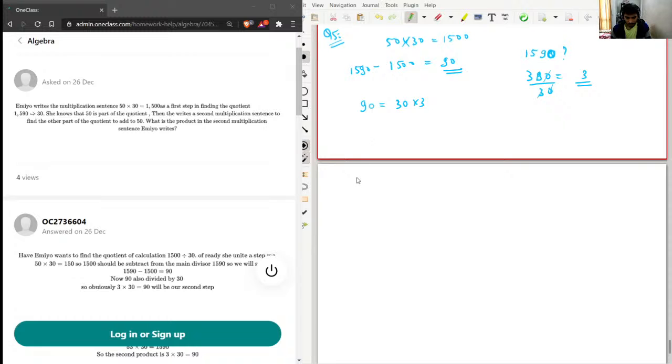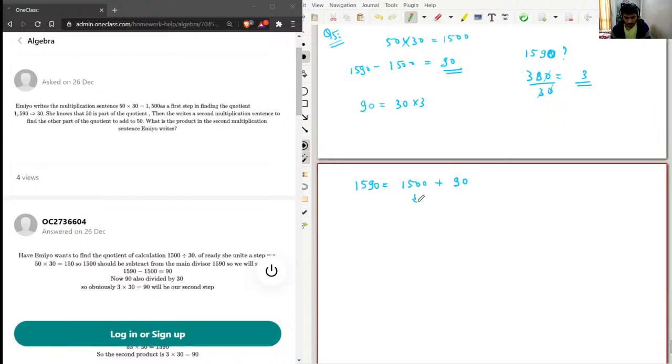Now what I'll do, I'll just combine both these statements. So 1590 is sum of 1500 plus 90.